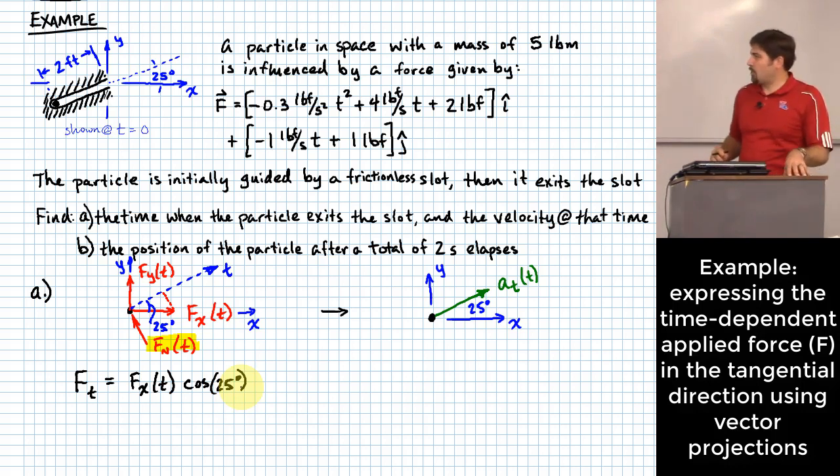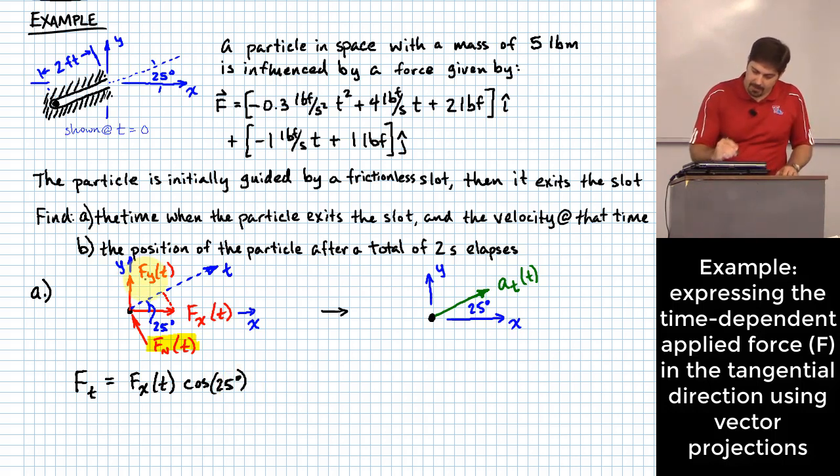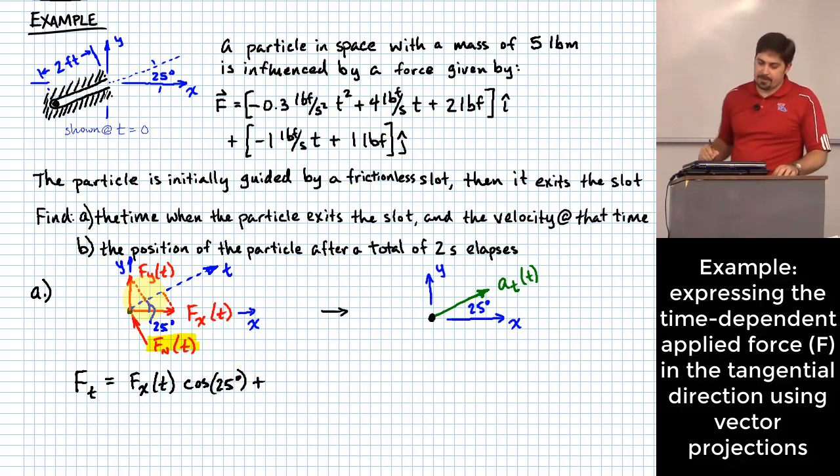Okay? Is that all of what I need? I would say no, because I also have Fy. If I look at Fy, it contributes another amount if you project it onto that tangential axis, right?